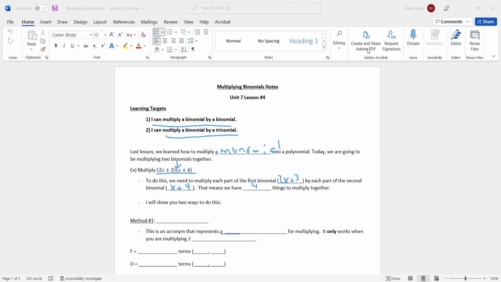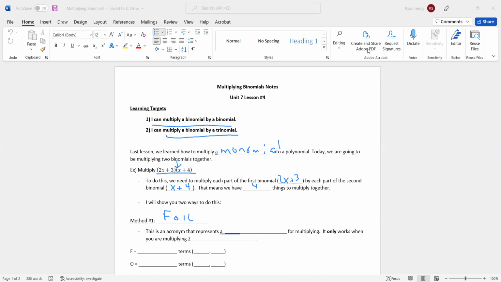All right, I'm going to show you 2 ways to do this. I'm going to show you both of them, but I will do in class number 1. And method number 1, kind of one of the big things that comes from algebra 1, is learning how to FOIL. You've probably heard it before. Maybe you haven't. But if you have, this is what we're doing. FOIL is an acronym, which means each letter stands for something.